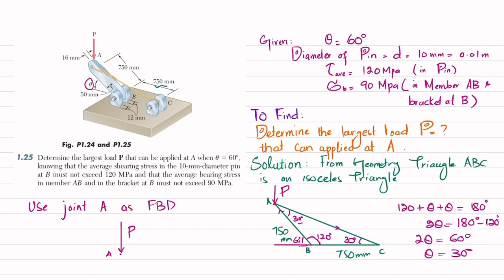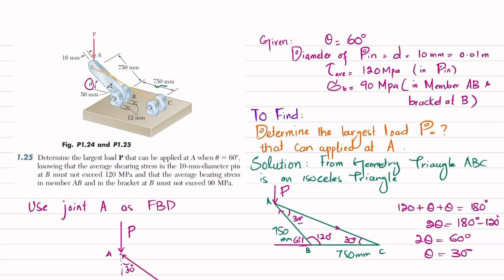Because if I draw a vertical line, this is 60, this is 90, so this will also be 30 degrees. So the angle between P and FAB is 30 degrees.